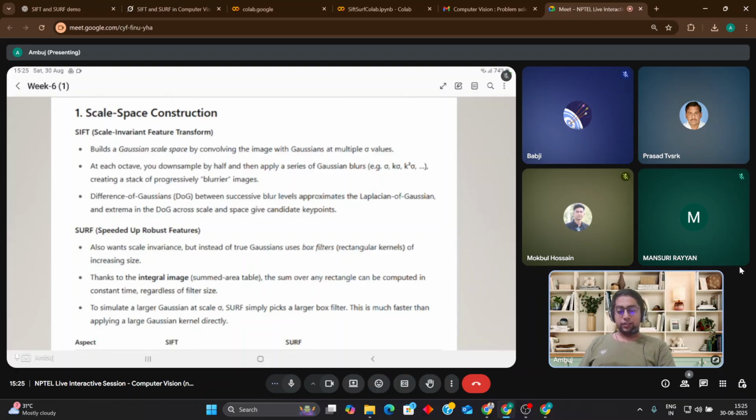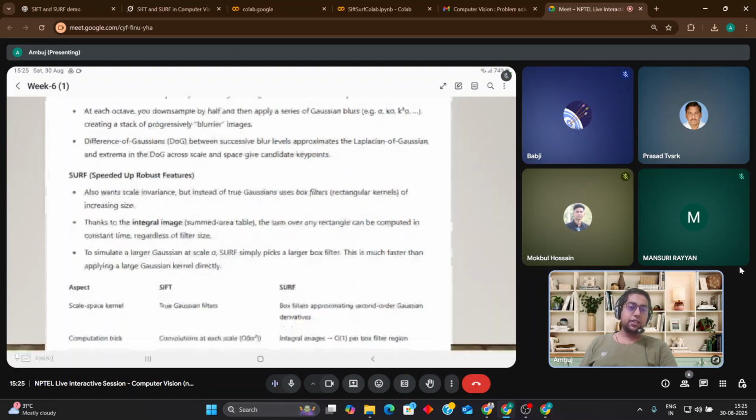Then you see SURF, which is Speeded Up Robust Features. First you generate an idea, then you increase the robustness or efficiency of that algorithm.